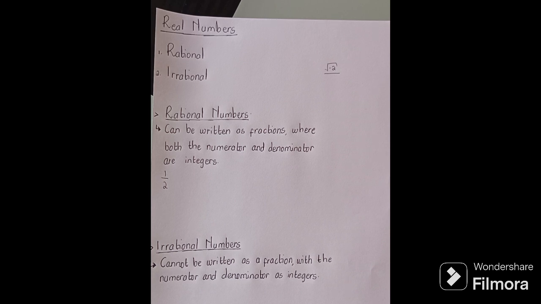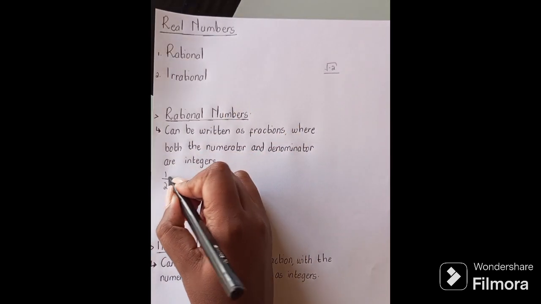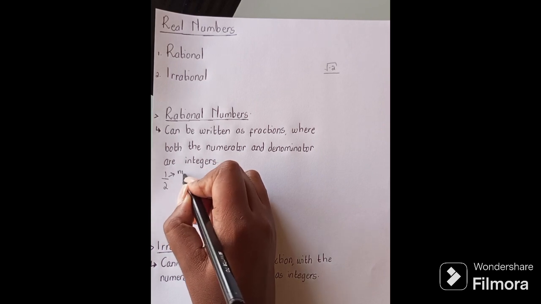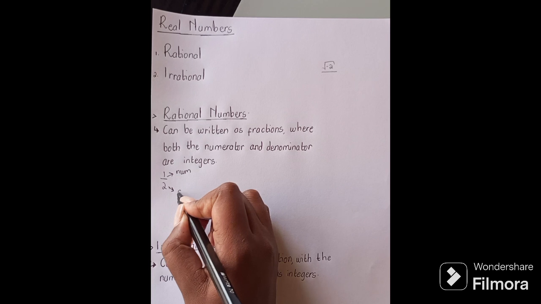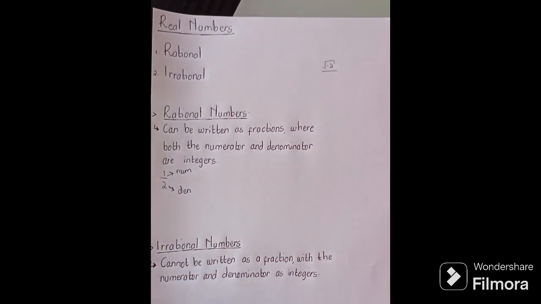Let me start by defining the numerator. You will all remember that a numerator is the number on a fraction that is on top. This is your numerator, the number on top, and at the bottom, that's your denominator. So they're saying that the numerator and the denominator must be integers. What is an integer?